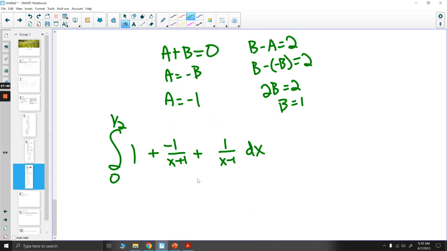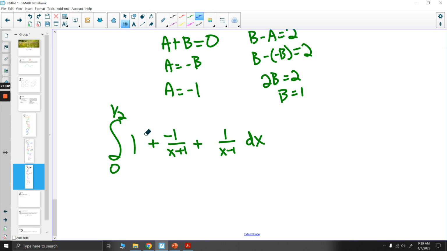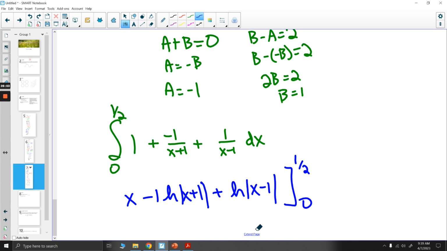This is what we are integrating now. Integral of 1 is x, plus, well, in this case, minus 1 natural log of x plus 1. That's the integral of this. Plus the integral of this is going to be natural log of x minus 1. And we're taking it from 0 to 1/2.